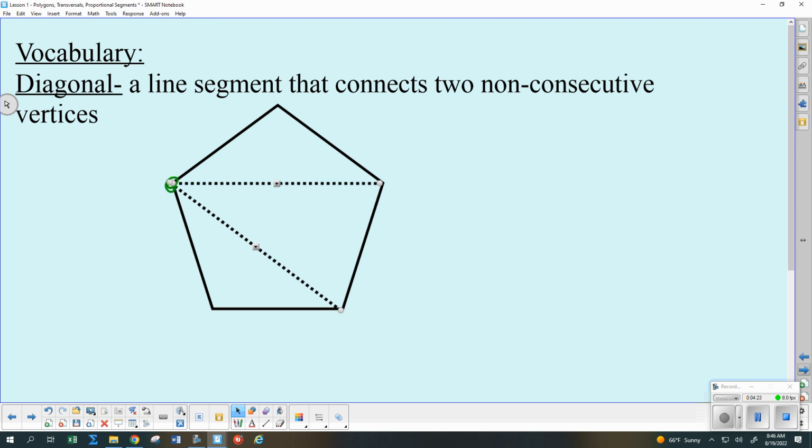From that vertex where I drew my green dot, those are my only 2 diagonals in this, excuse me, pentagon. Because if I tried to go to this vertex, that would just be a side. If I try to go to a vertex that is consecutive, that's right next to it, I get a side, not a diagonal. So just to be able to tell those 2 apart.